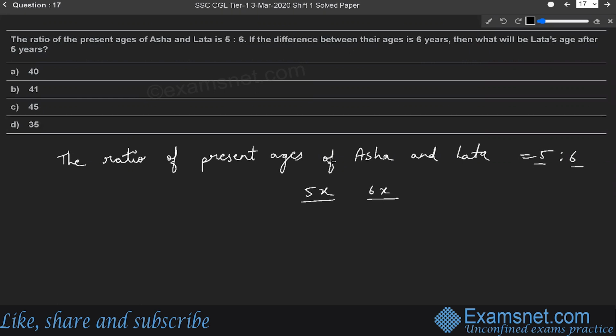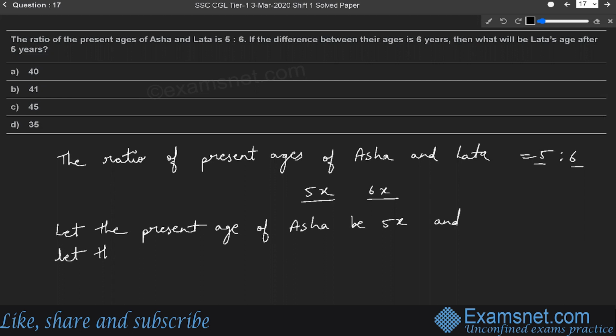So all we have to do is take it as 5x and 6x. So let the present age of Asha be 5x and let the present age of Lata be 6x. I hope this step is clear to you.